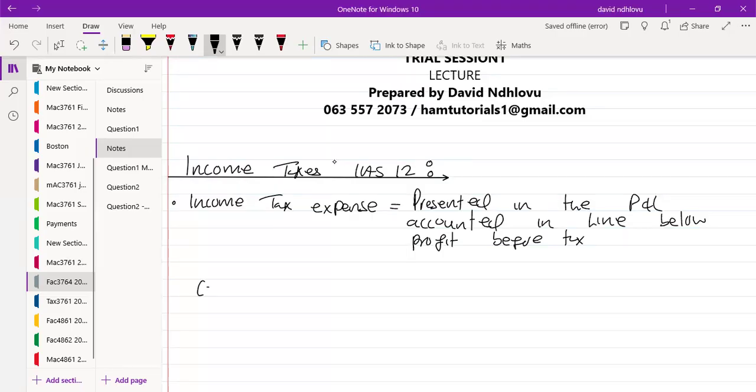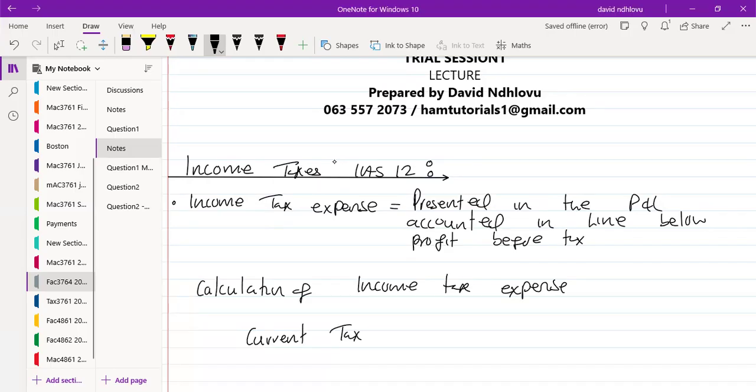And then we said the calculation of this figure: you take what is called current tax, and then you add the deferred tax, then it will give you the income tax expense.